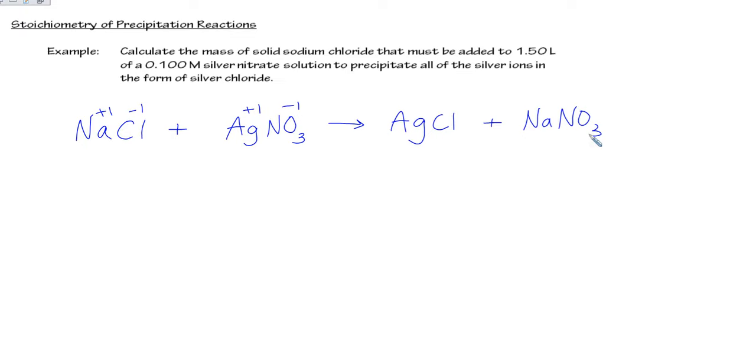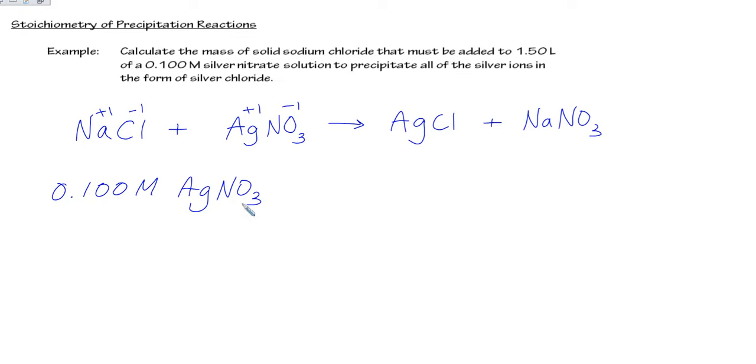Okay, so let's see what we have. We've got some silver nitrate solution, 0.1 molar silver nitrate. We have 1.5 liters. Now, in a lot of the stoichiometry problems you did in first year chem, they gave you grams, or even in chapter 3, often they started us with grams of reactant.